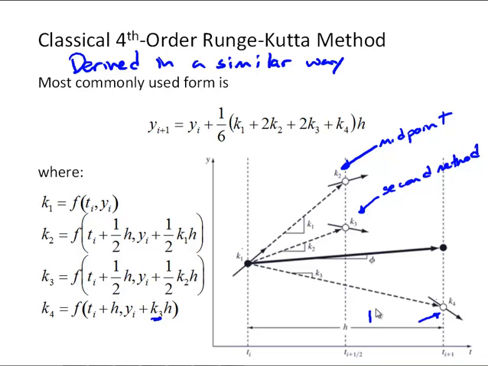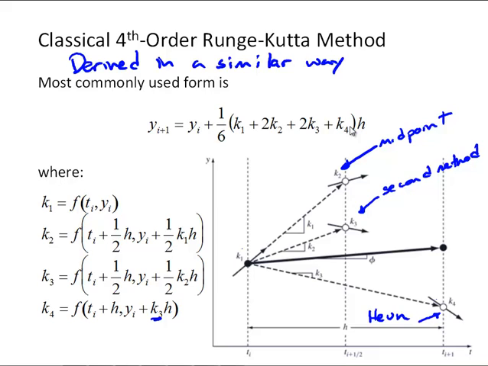And this is kind of like getting the corrector for Heun, analogous to Heun. And then we're going to take a weighted average of all of them. So 1/6 of k1, 2/6 or 1/3 of k2, 2/6 or 1/3 of k3, and 1/6 of k4.